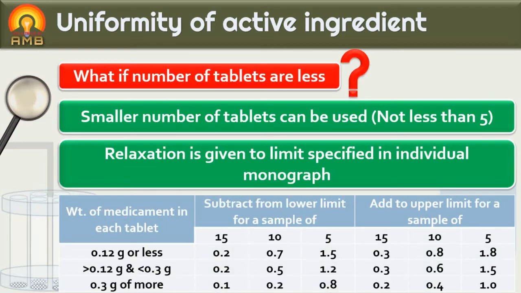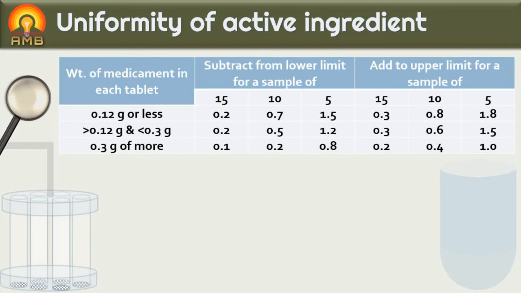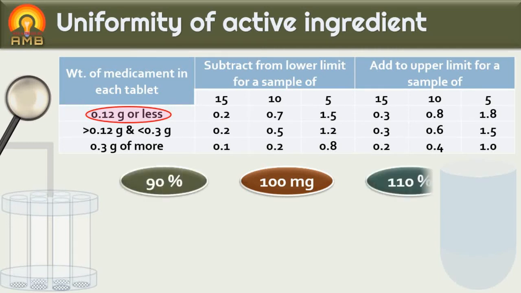Suppose tablets under test contain 100 mg of drug. The limit specified in the monograph is 90 to 110%. And we have a smaller number of tablets and can take 15 tablets for the test. Then a relaxation of 0.2 from the lower limit and 0.3 from the upper limit is allowed.